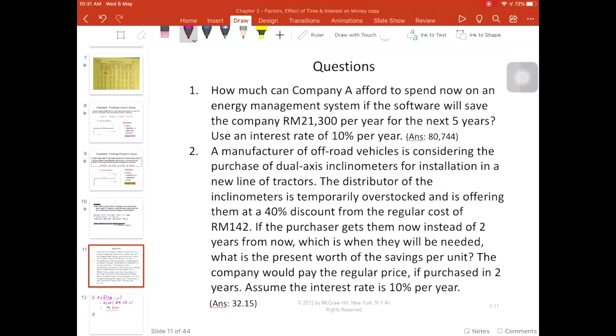Okay, that means you have to find the present worth of saving per unit. The keyword is present worth of saving per unit. We have two things here. We have to find the cost now, and then you have to find the cost after 2 years, and then you have to subtract now and after 2 years.